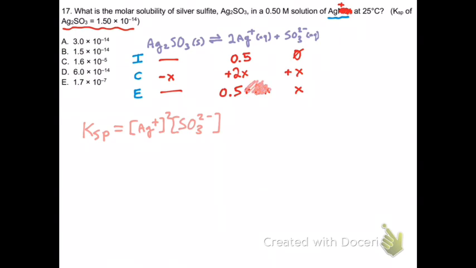So now let's plug in our values. We have 1.5 times 10 to the negative 14th equal to 0.5 squared times X. So we'll divide both sides by 0.5 squared. 0.5 squared is just 0.25.